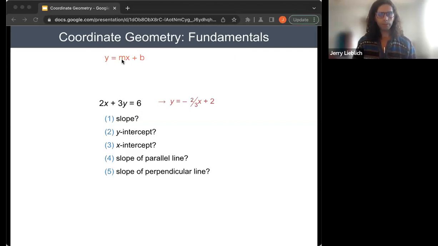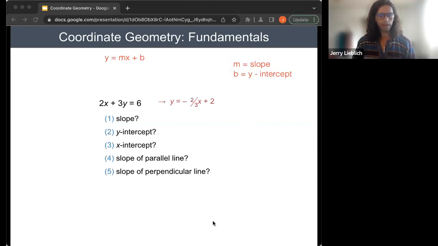And this is helpful because these two values, m and b, become really important for understanding how the line works. So m is our slope. We'll talk a little bit more about what that means in a second. And b is the y-intercept.